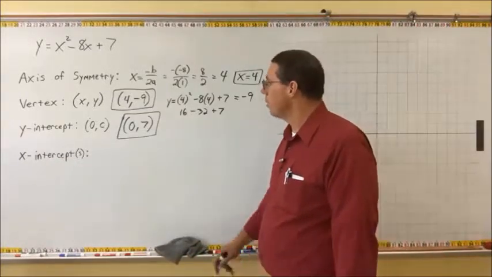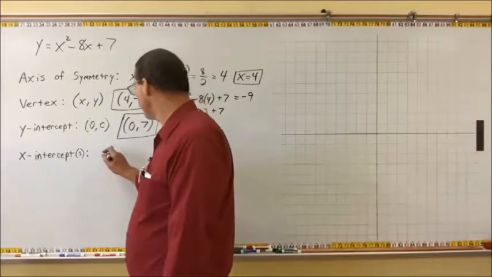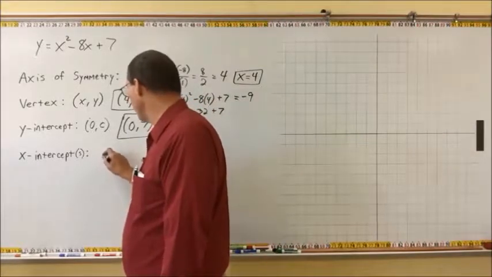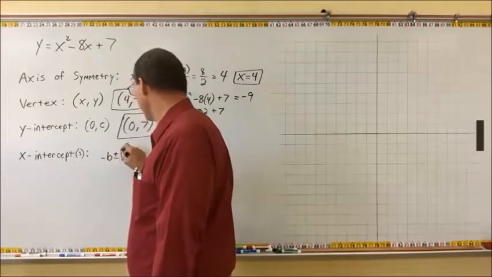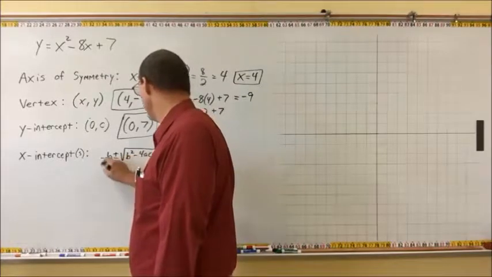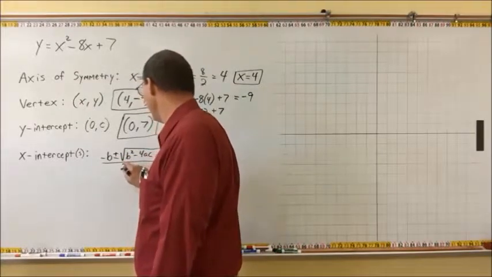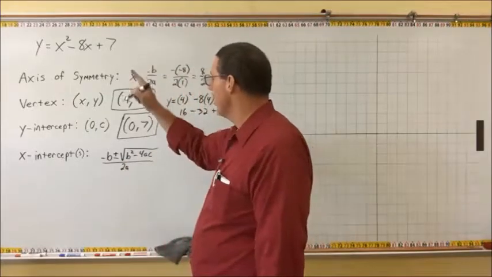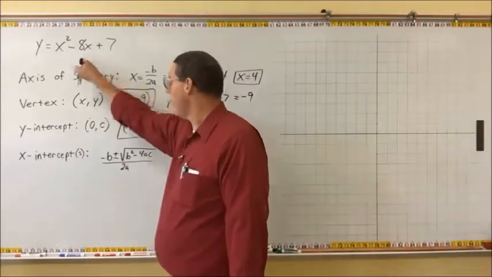So what we're going to do is, remember that the quadratic formula is negative b plus or minus the square root of b squared minus 4ac all over 2a. And in this case, b is negative 8.